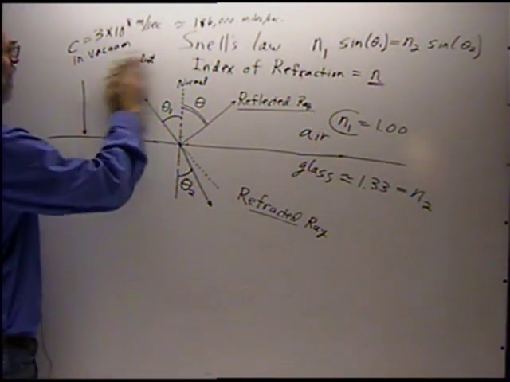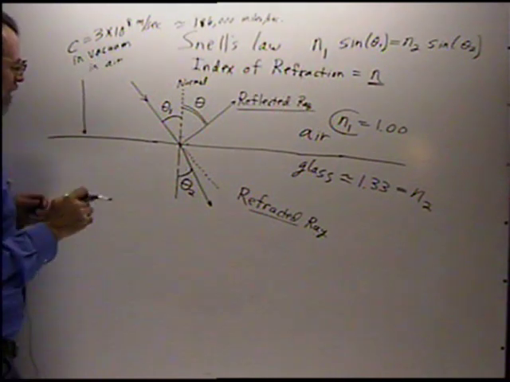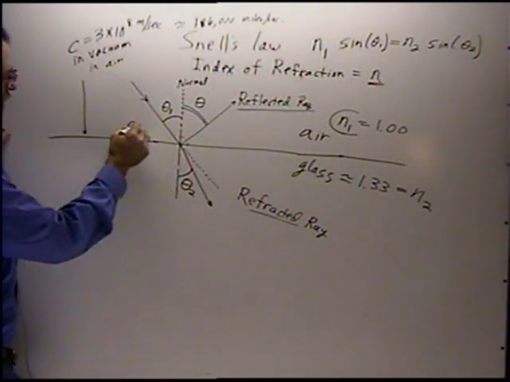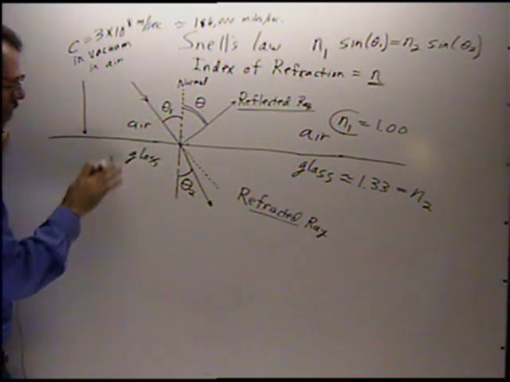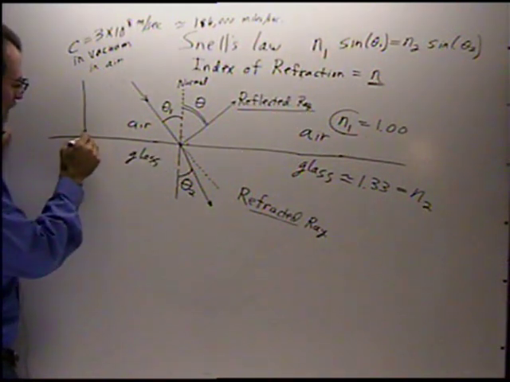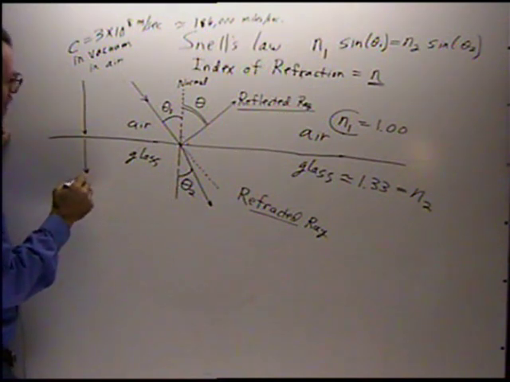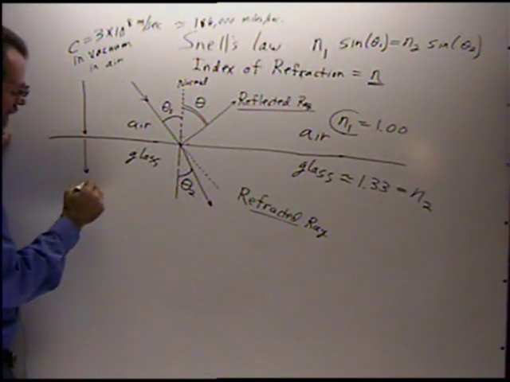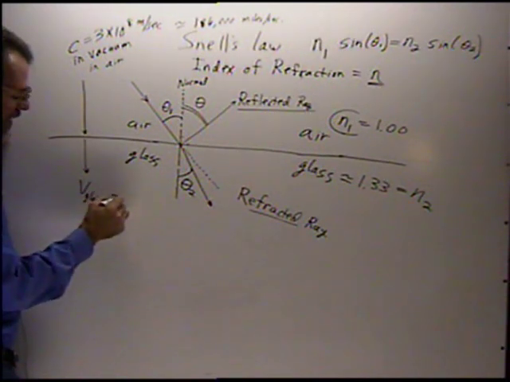This is also the speed of light practically in air. Okay, but if this is air, if this is glass, or media like glass, the speed of light slows down, and the speed of light in glass is not equal to c.